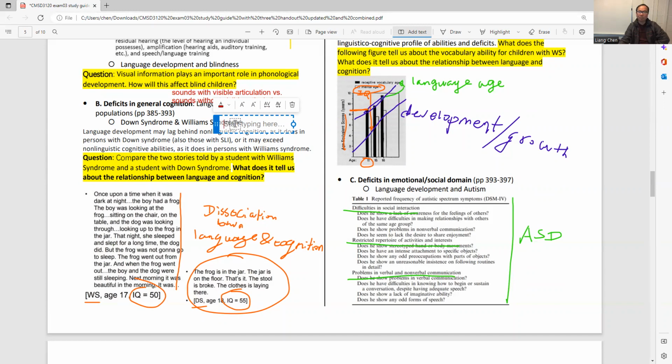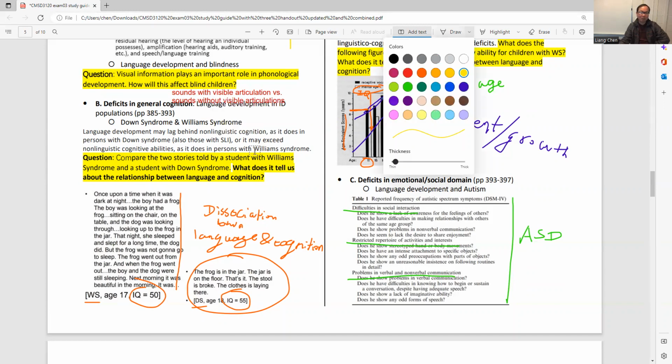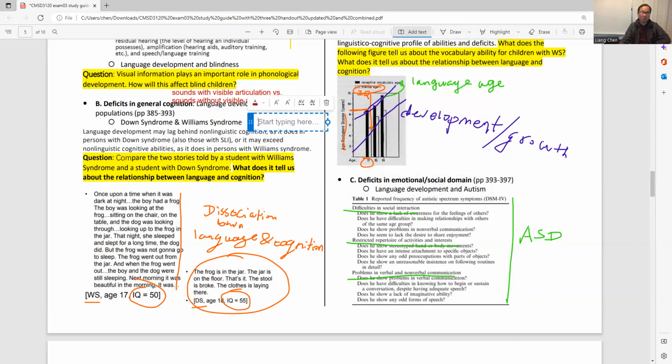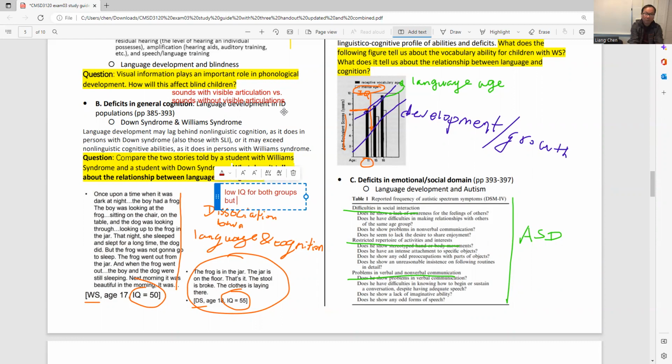If you look at the IQ, low IQ for both groups. But different language performance. Whose performance is better?